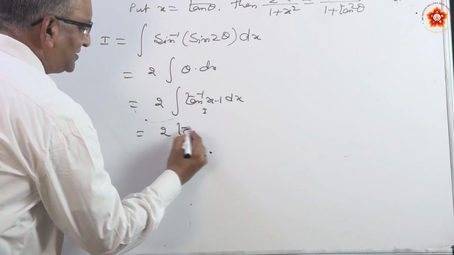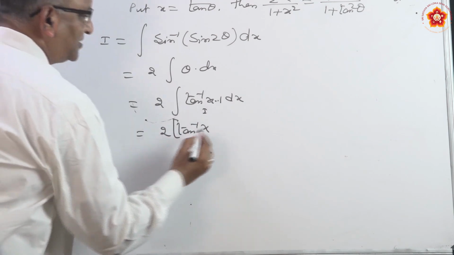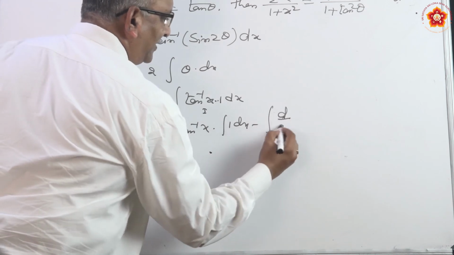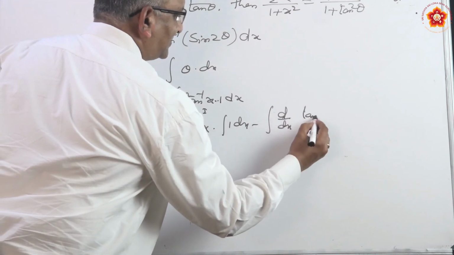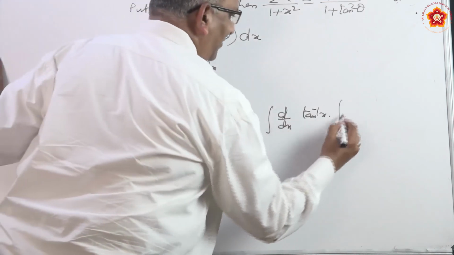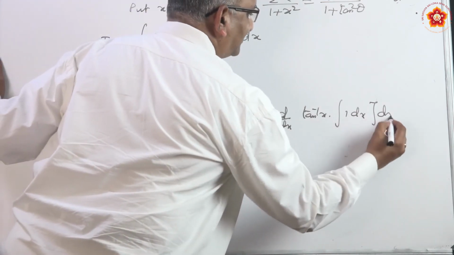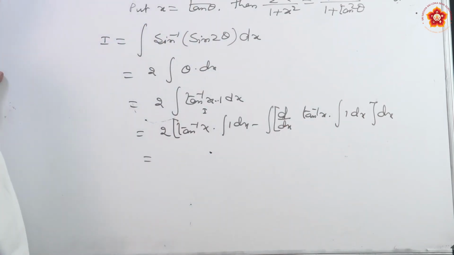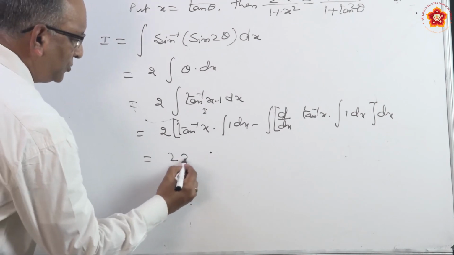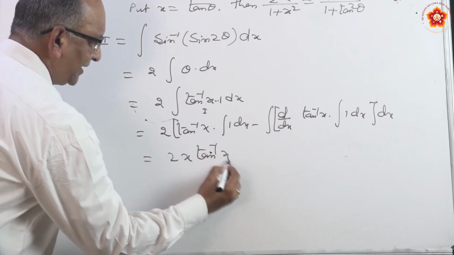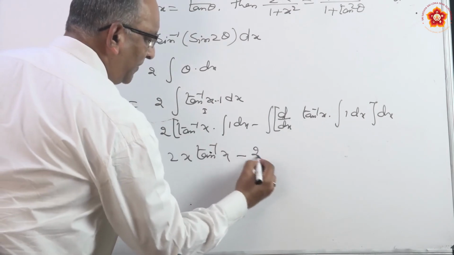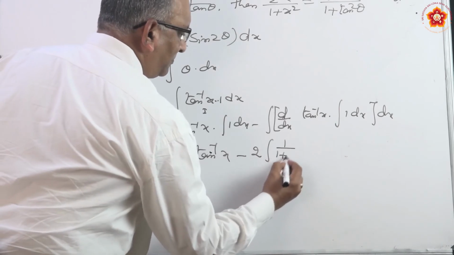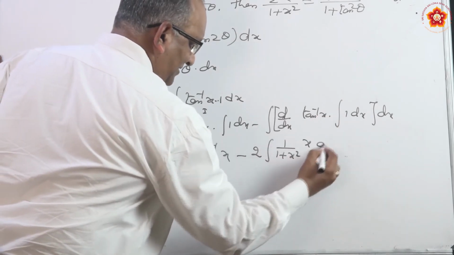So you will get tan inverse x first function, integral of second, minus integral of derivative of tan inverse x into integral of 1 dx, and whole dx. So write, what is integral of 1 dx? It is x. So this can be written as 2x tan inverse x. Remember, this 2 is a product of both, minus 2 into integral of the derivative of tan inverse x, which is 1 upon 1 plus x square, and for this is x dx.